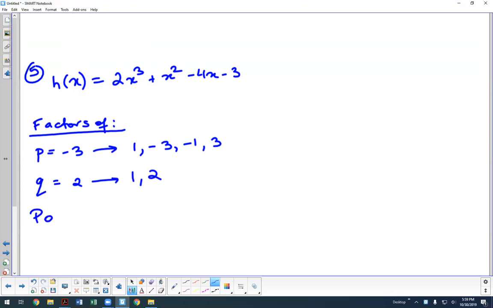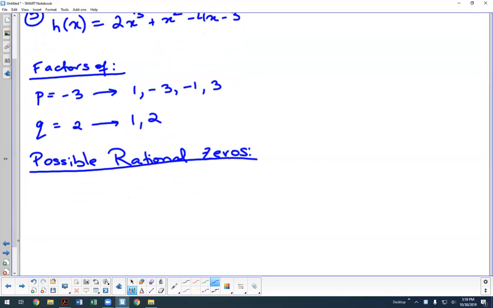So what will be our possible rational zeros? Again, remember it's always in the order of P over Q. So that's going to be 1 divided by 1, 3 divided by 1.